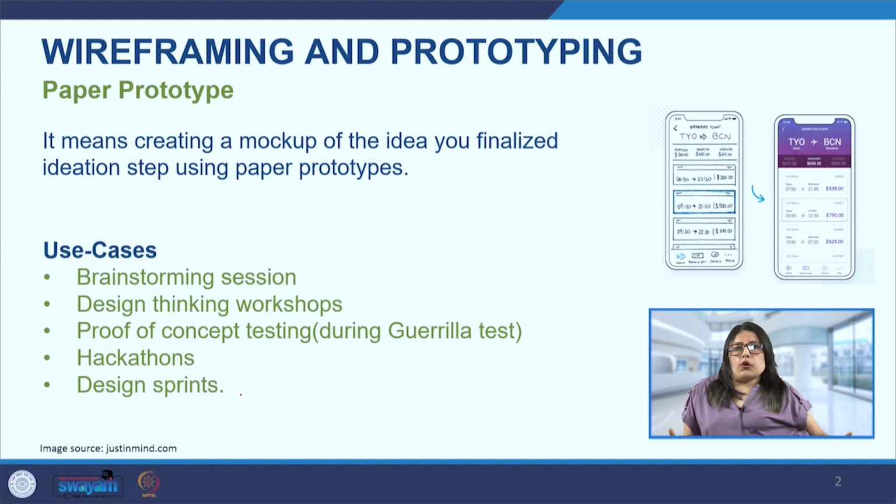Proof of concept testing. During the gorilla test, which is when we randomly go out and get our prototype tested, we will not be identifying our subjects. At this stage we will probably go out into a public area and identify people who are willing to test out our prototype.